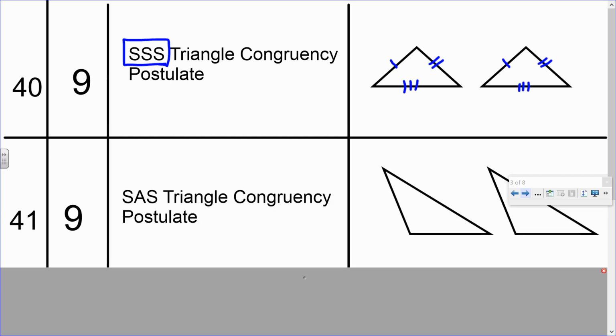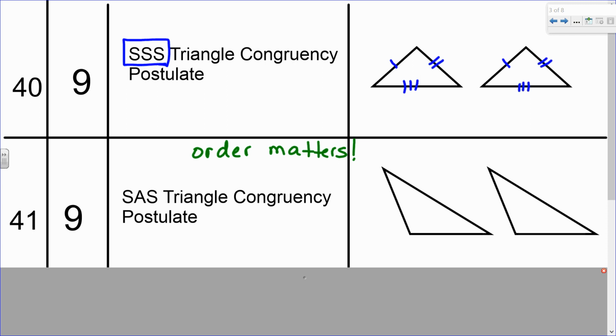Another one that you mentioned was SAS, and for this one, the order matters. The angle must be between the sides. So that is saying 1 set of corresponding sides is congruent, and a second set of corresponding sides is congruent.